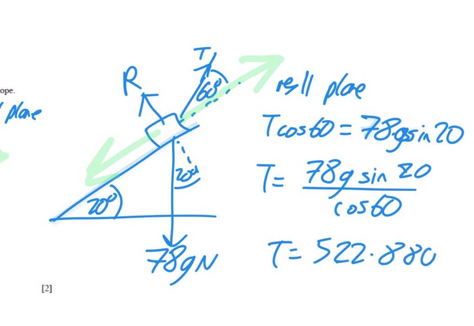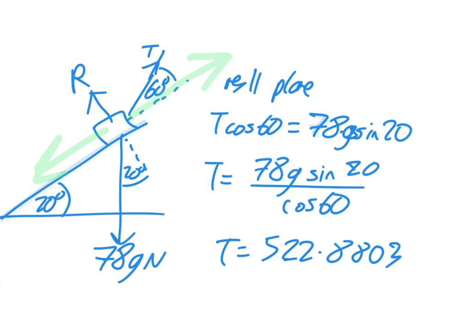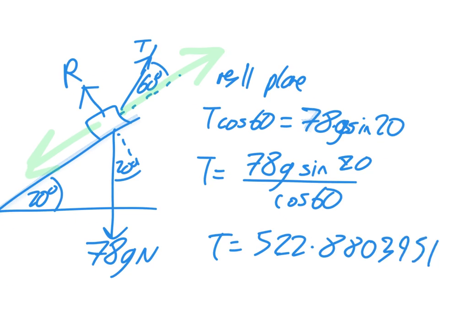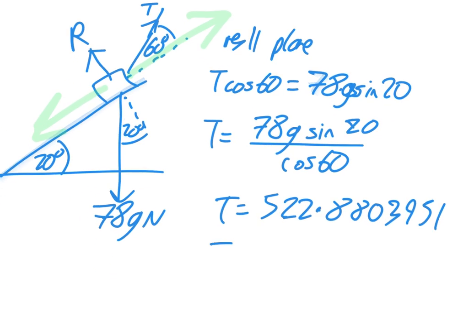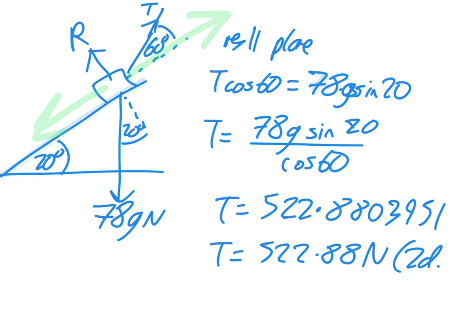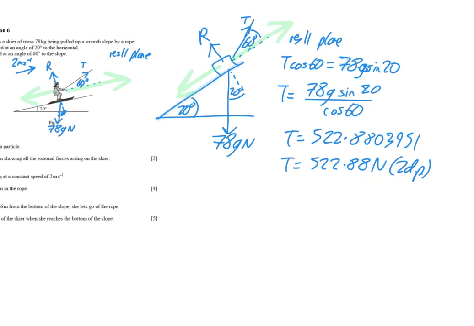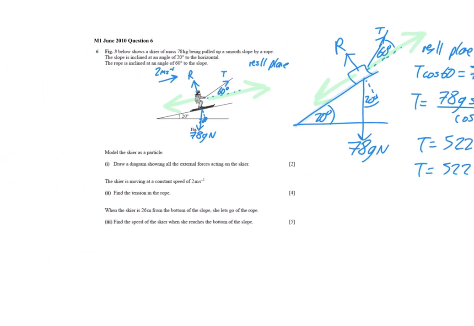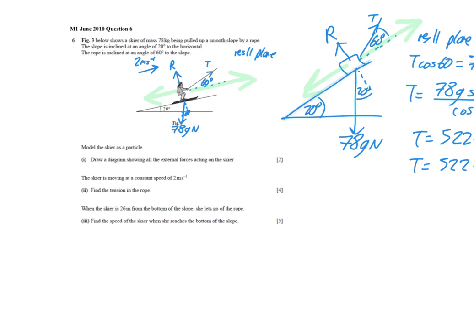I'll just show the whole thing, 3951, just in case we need that later on in the question. But my tension is 522.88 newtons to 2 decimal places. I'm not too sure what the degree of accuracy was. Don't think it said. There, find the tension in the rope.